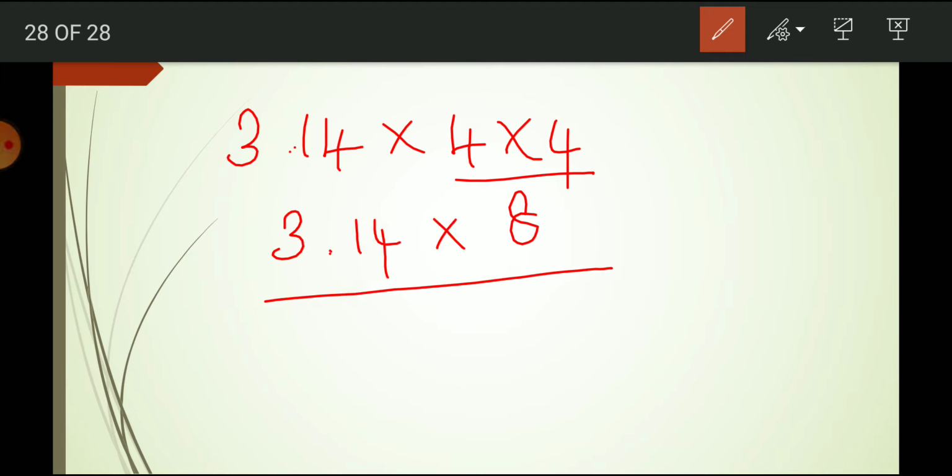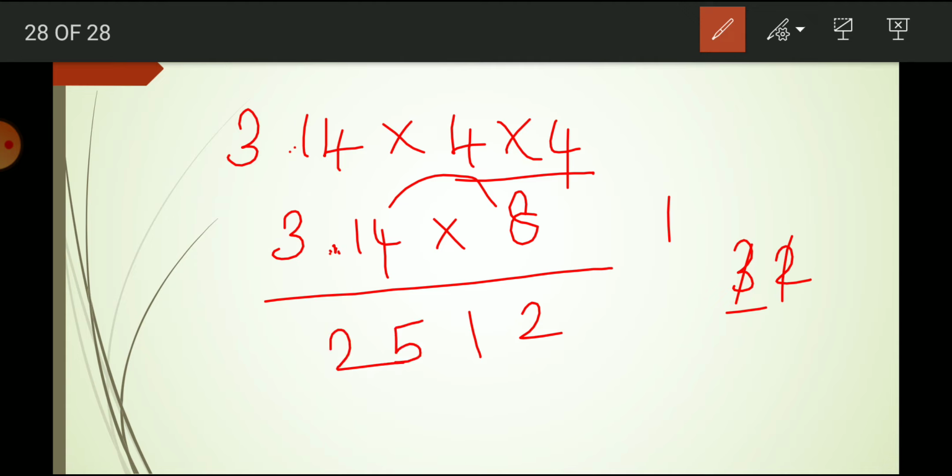When you multiply in the decimal system, we just multiply directly, and at the end we put the decimal point. First, 4 eights are 32, so 2 stays here and 3 is carried. 1 eight is 8, 8 plus 3 is 11, so 1 is here and 1 carries. Then 3 eights are 24, plus 1 is 25, so the answer is this one.